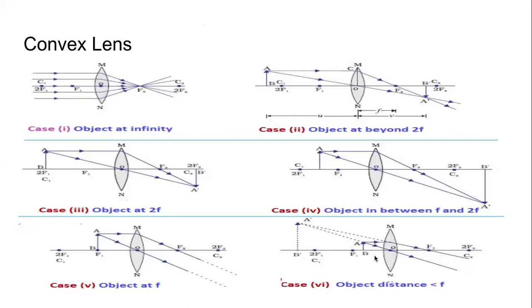A simple observation will tell us what is happening. Don't need any rocket science. It is diminished, correct. Quickly tell me whether it is real or virtual. Are the light rays actually intersecting, or do they seem to be intersecting? Real. Yes, correct, Prachi. All correct answers. Ho gaya. That's all we need to do.